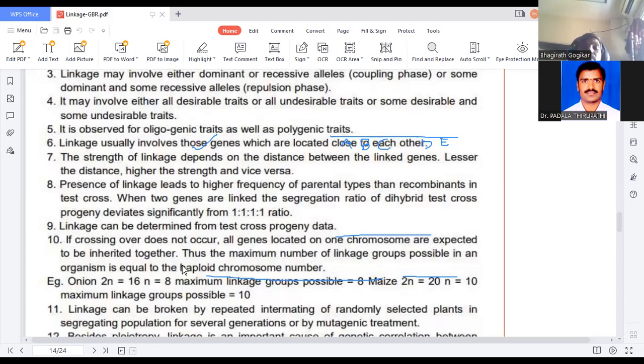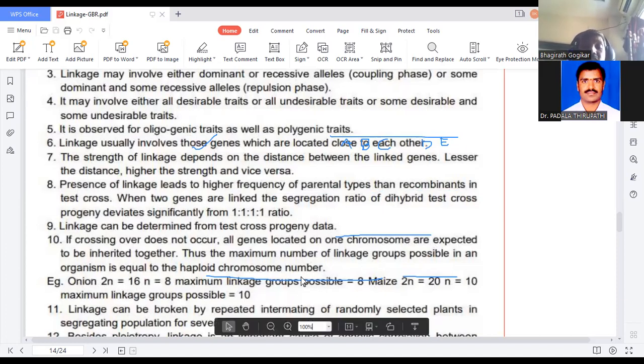This is very important in most competitive and entrance examinations: how many linkage groups are present in a particular species or genus, in human beings, in the pea plant, in the onion? That is equal to the haploid chromosome number.